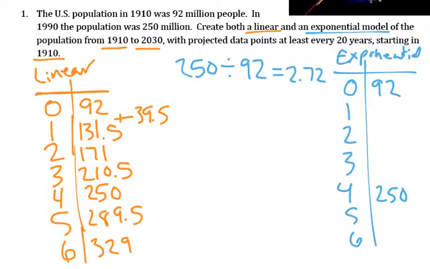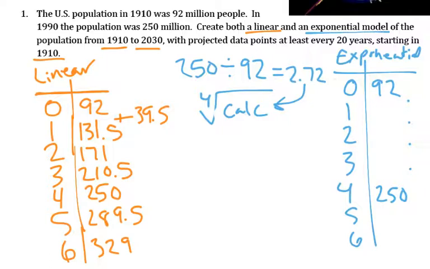Now we're multiplying them once, twice, 3 times, 4 times, right? So we're going to have to take the fourth root of that number, 2.72, which I'm actually not going to round when I type it in. I'm using the number in my calculator, so it'll be slightly more accurate.